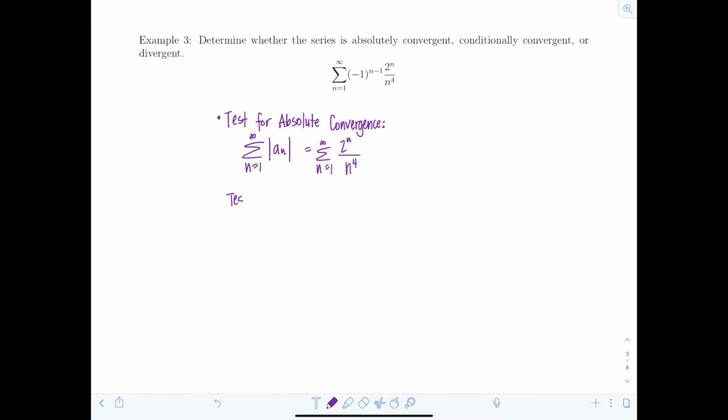The test for divergence, remember, is when we look at what the limit is of an. And in this case, to take this limit, I'm going to want to apply L'Hopital's rule. So first I have to define a function in order to do that.